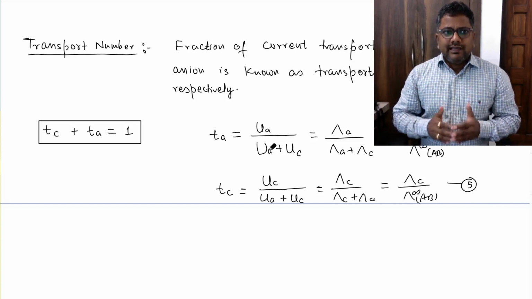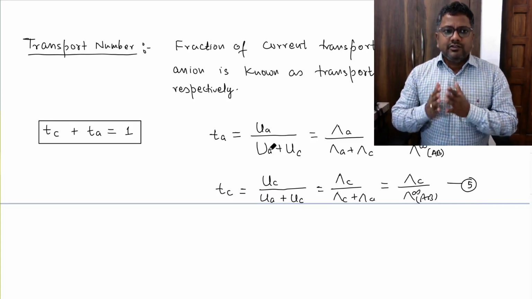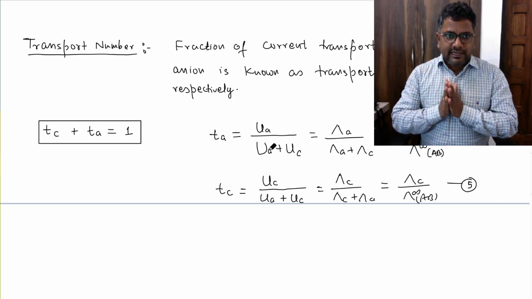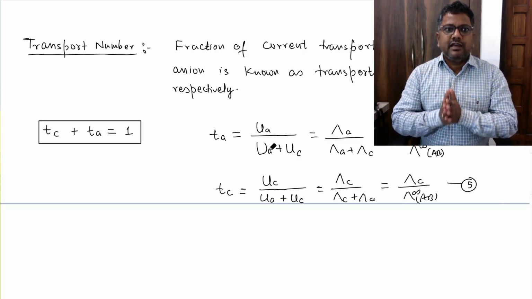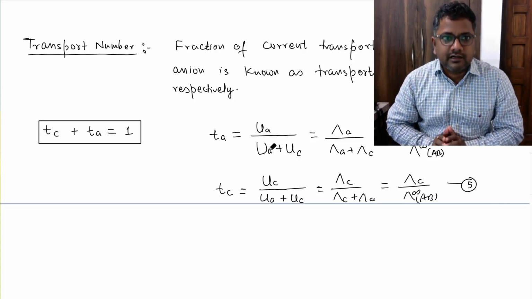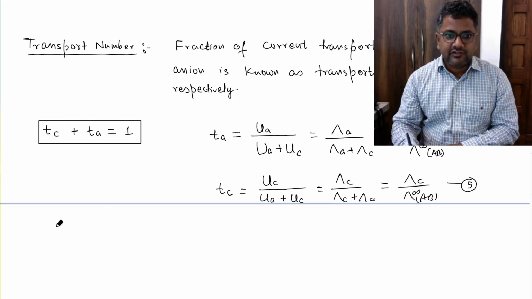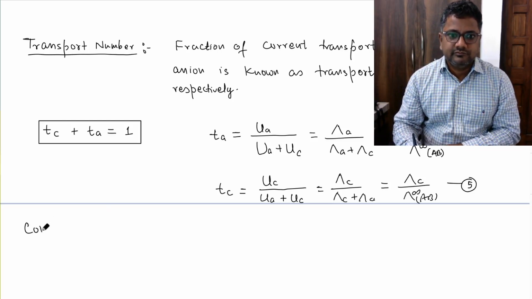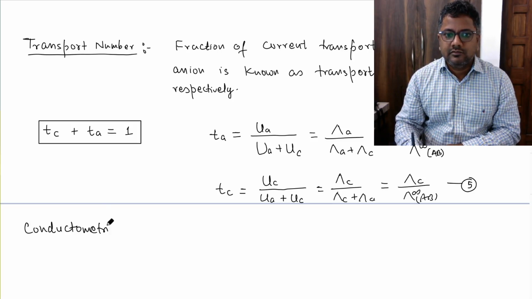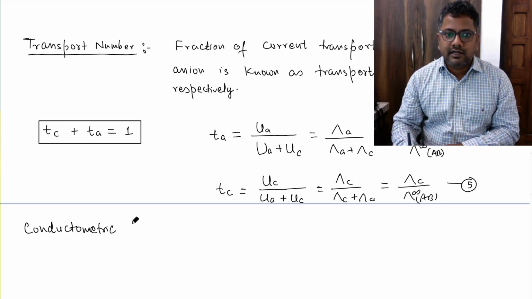Likewise, you can detect the end point of an acid-base titration by measuring molar conductance or equivalent conductance. So this is called conductometric titrations.